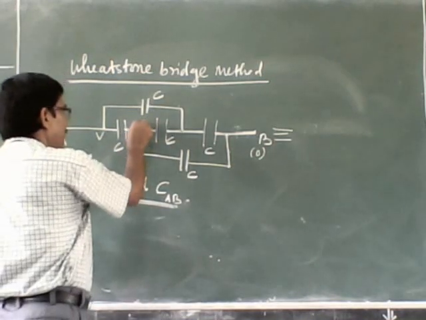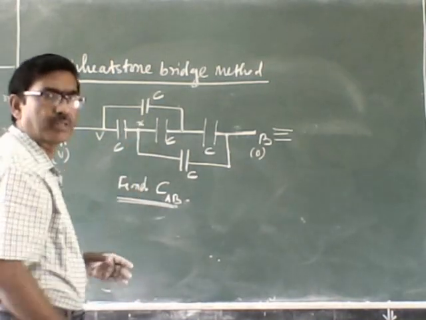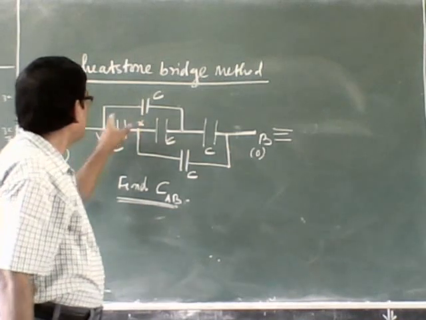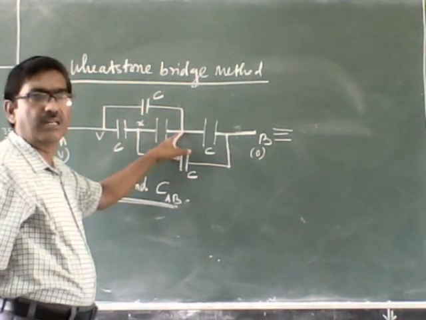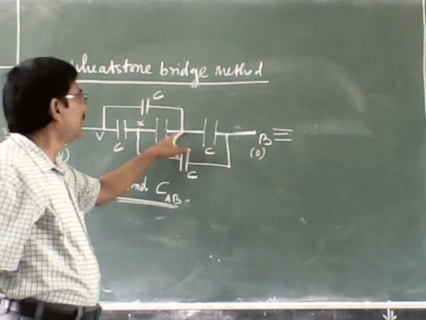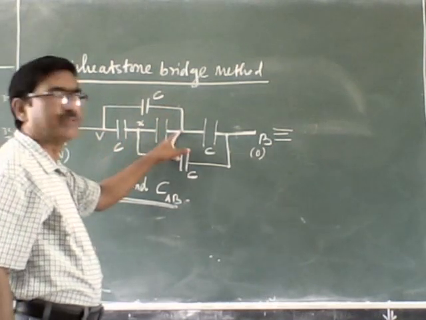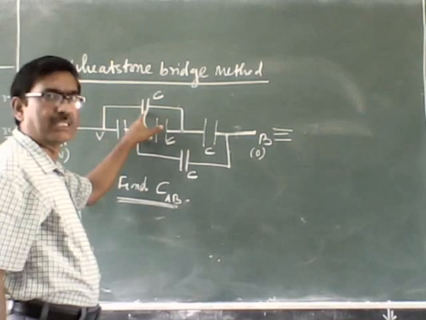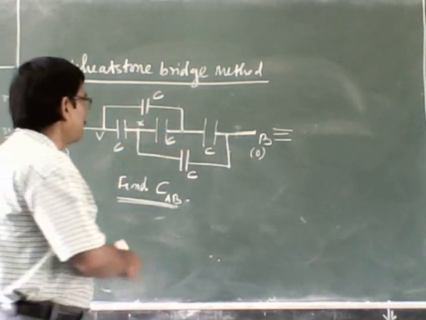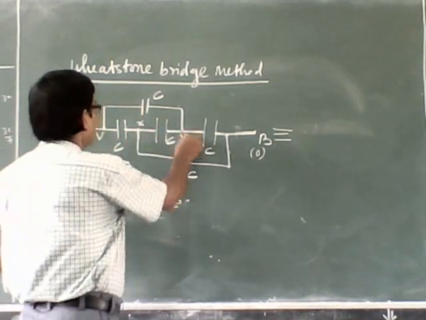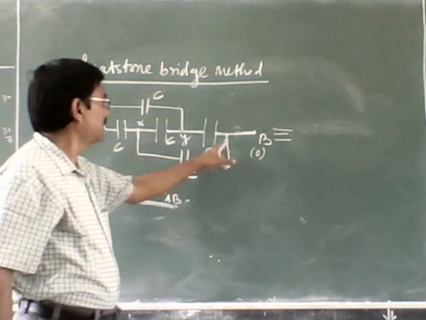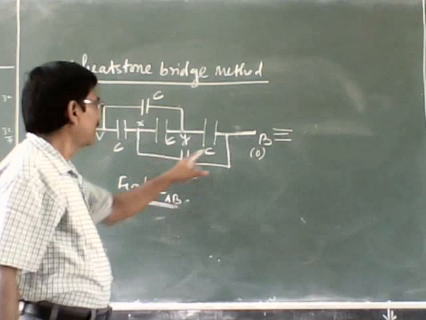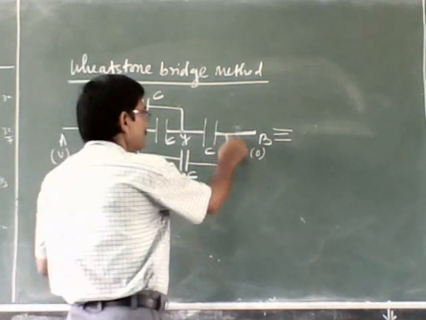So take the potential at this point as X. Again at this point potential is V. Here you cannot write V because a capacitor is in between, so suppose the potential is Y. This is X, and at this point potential is 0.